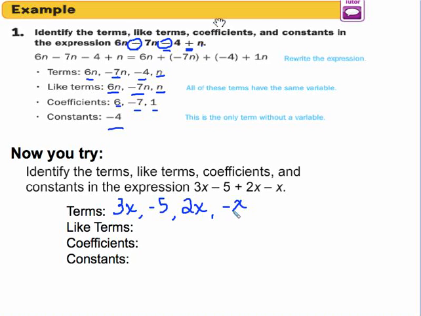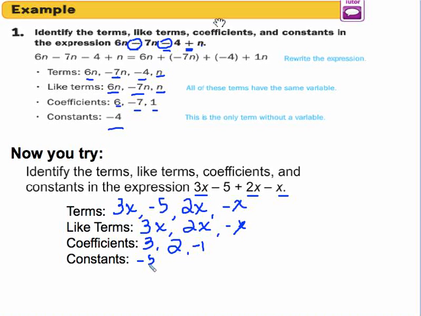I have 3 like terms, and those are 3x, 2x, and negative x. Those like terms are all variable terms, and they all have coefficients of 3, 2, and negative 1. And I do have a constant term of negative 5.